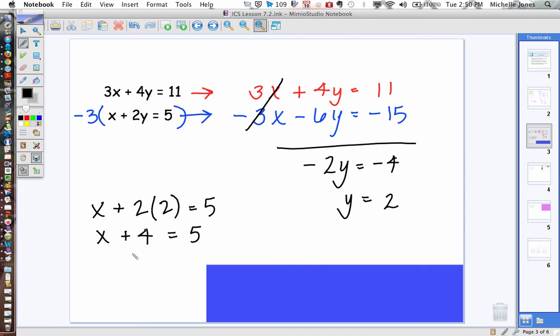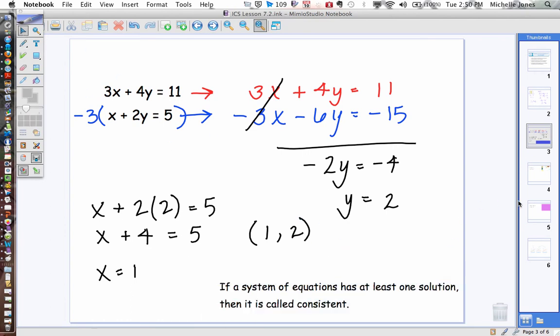X plus 4 equals 5, so x is 1. So your solution is the ordered pair 1, 2. So that's where these two graphs intersect. If a system of equations has at least one solution, then it is called consistent. So this is important. This system of equations is consistent because it has a solution.